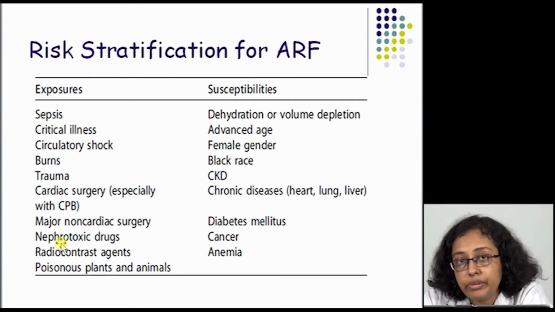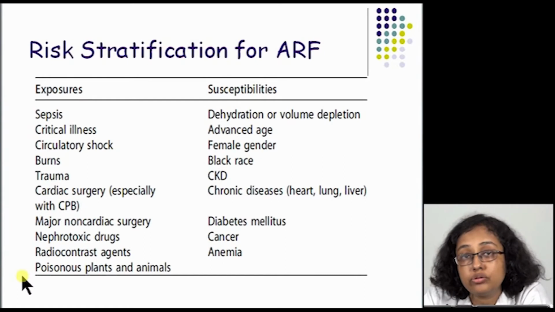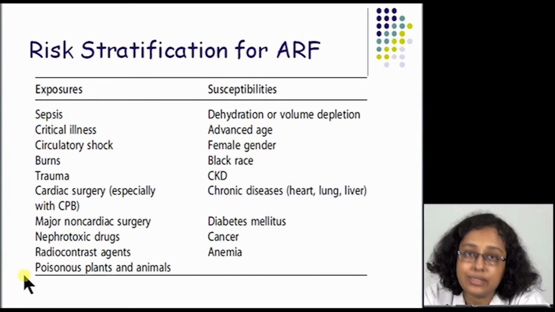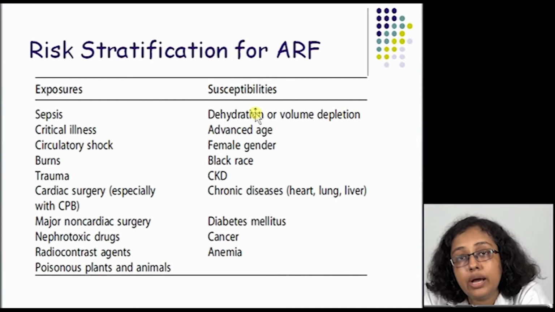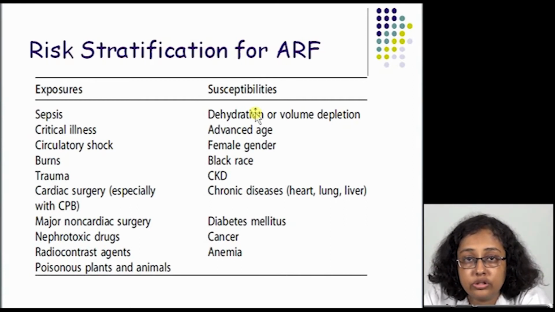But not all patients who have these exposures actually develop acute renal failure. There are certain factors which make a patient susceptible, like dehydration or volume depletion. If a dehydrated patient is given a contrast agent during a CT scan, he is at a higher risk of developing acute renal failure compared to a well-hydrated patient.